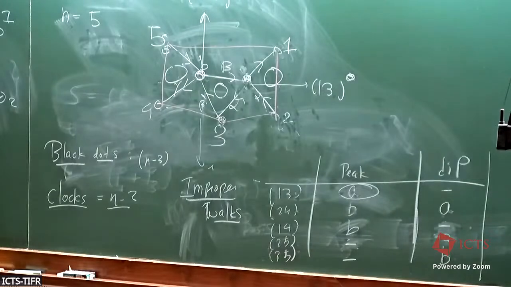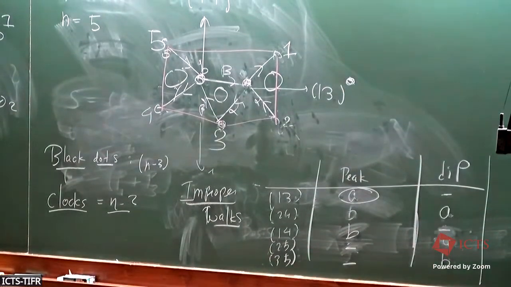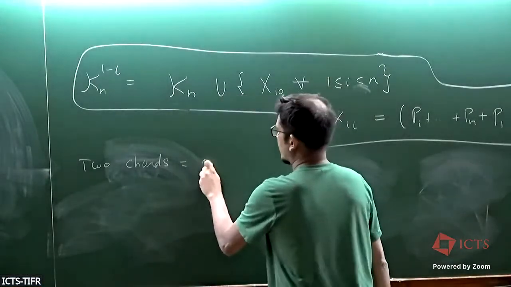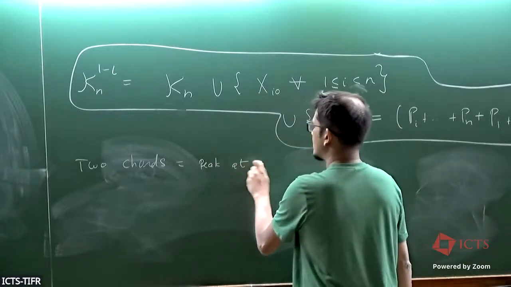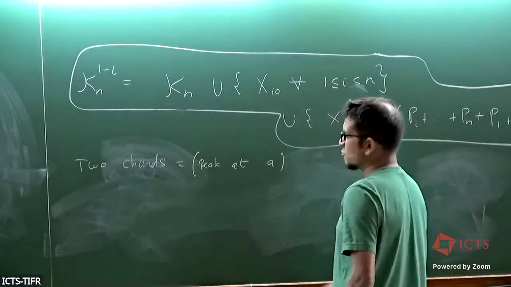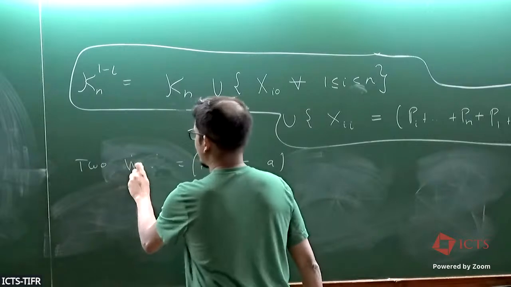There are only 2 paths, 2 chords, which have a peak at A. Two walks.